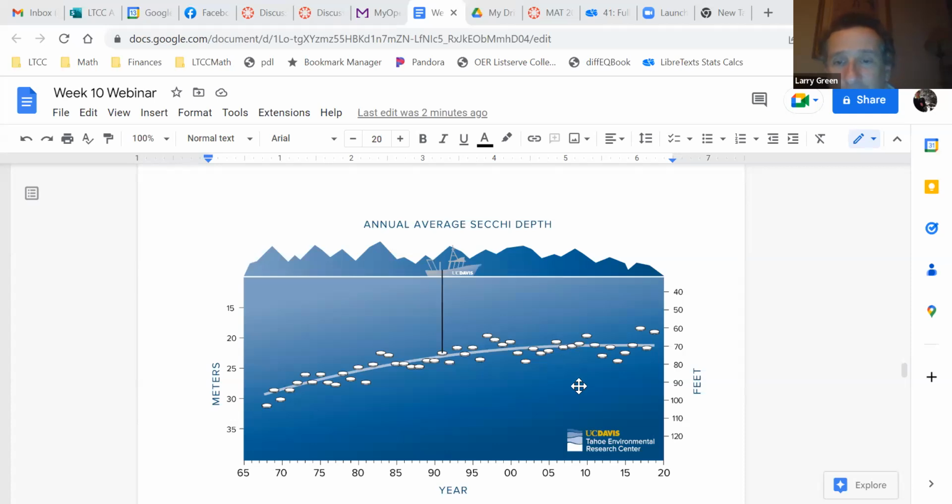Okay. And by the way, if you look at some of these years, like this year right here, you've been in Tahoe long enough, 2011, that was our last big, huge storm year. And guess what? We're at the next big, huge storm year. So it goes up and down and up and down.